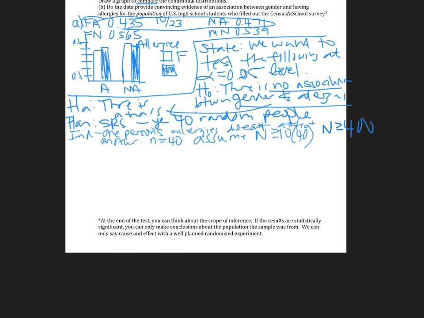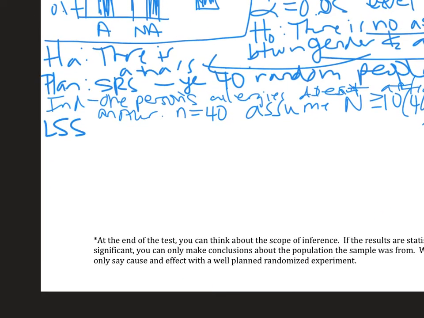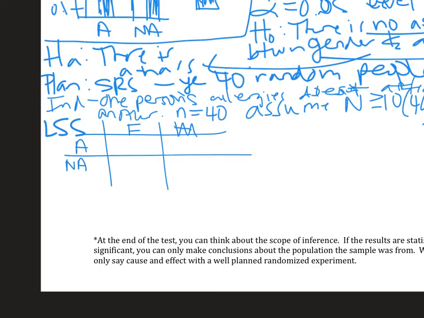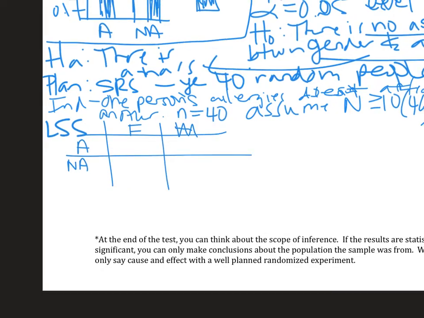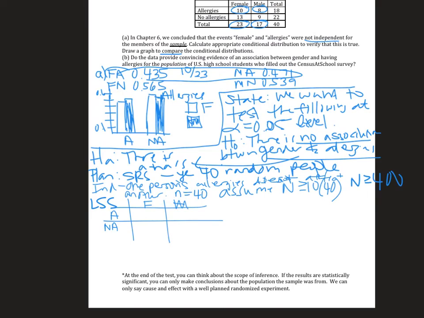And then for the large sample size, you need to find the expected counts. So we have allergy and no allergy, and we have female and male. We're going to make a table. And the expected counts, remember, we're going to do the row times the column.